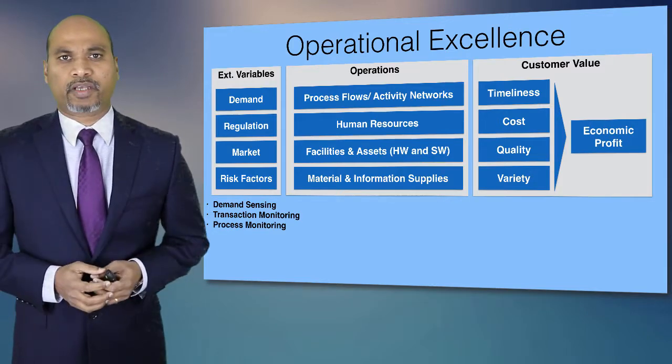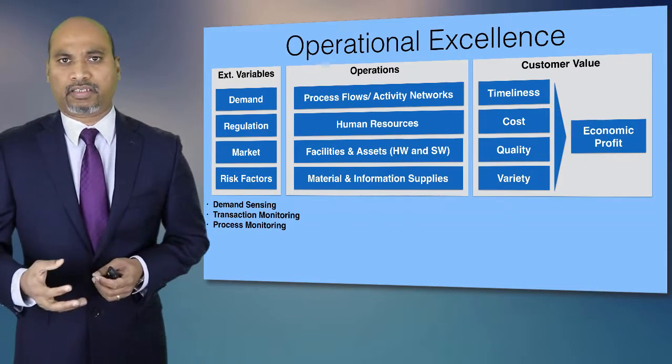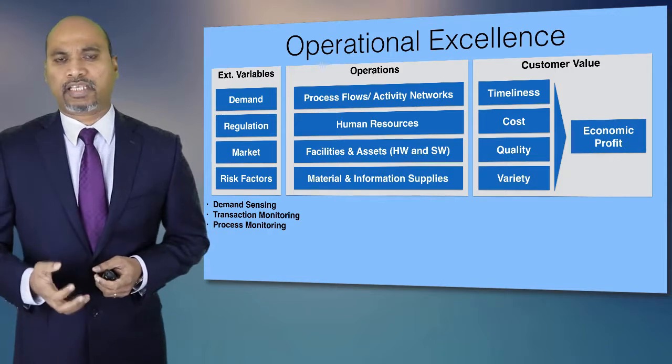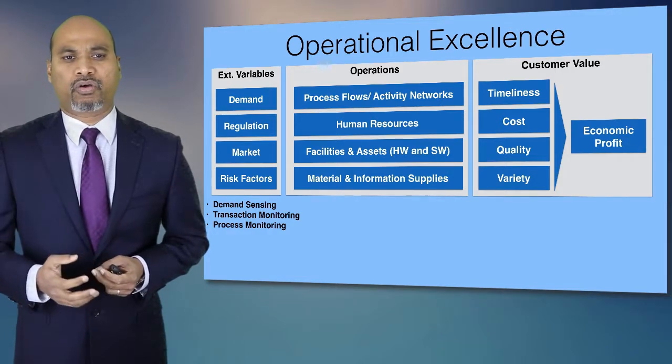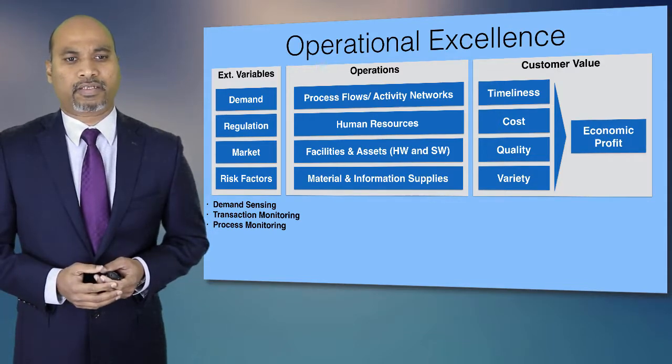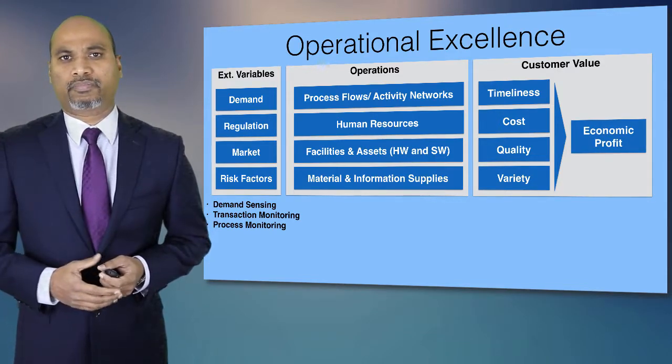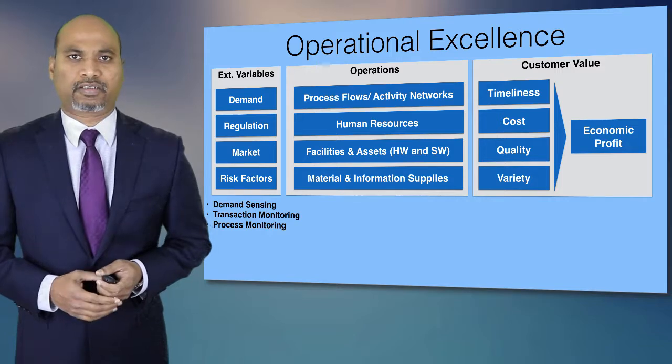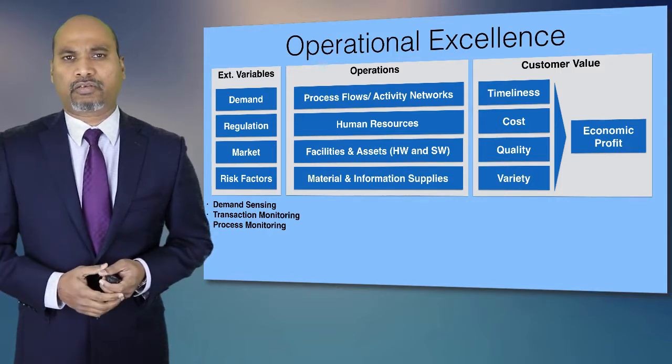Some of this information could be used as data, and then transaction monitoring to ensure that regulation and compliance are met, and process monitoring to avoid risk factors, etc. This data could be logged.